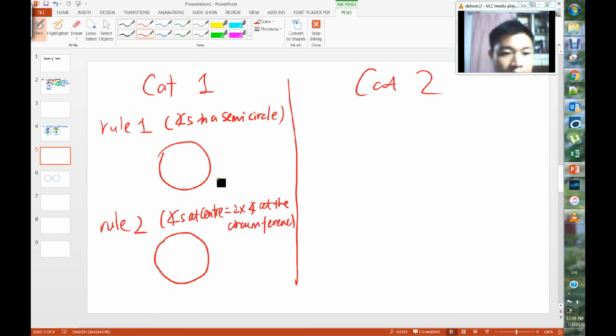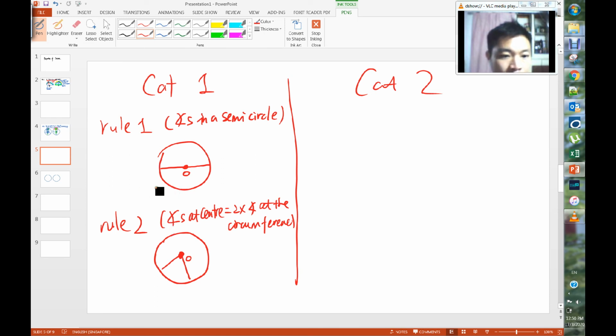Okay, so rule 1 and rule 2 have similar features. Let me draw it out. In fact, they both have this origin, and this is also the origin of the circle.